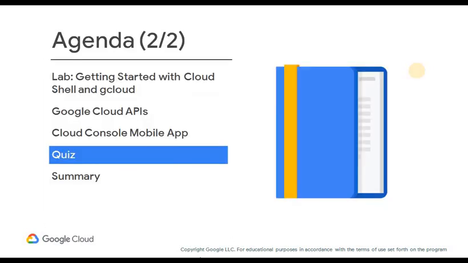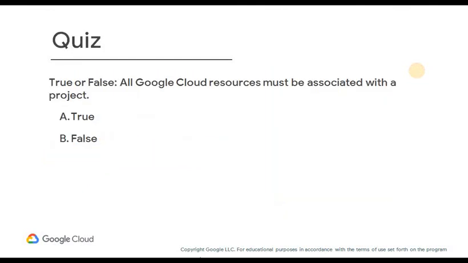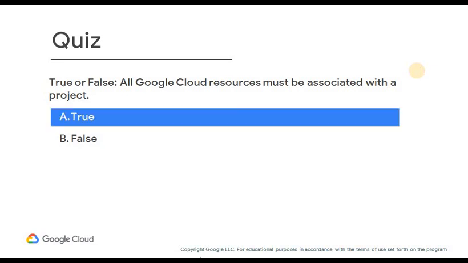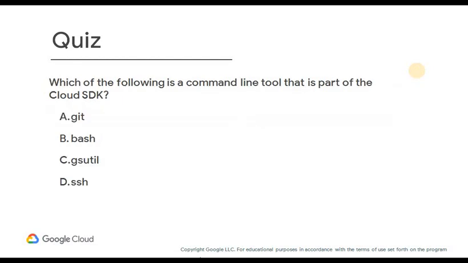For our final topic of the module, let's test what we learned with a quick quiz. True or false: all Google Cloud resources must be associated with a project. The answer is true. Associating all resources with a project helps with billing and isolation.